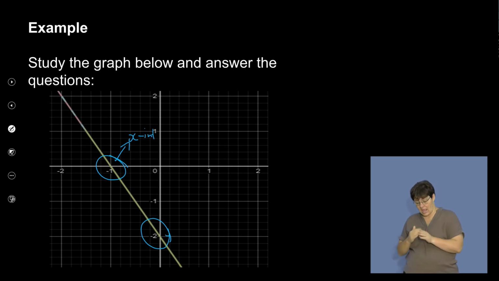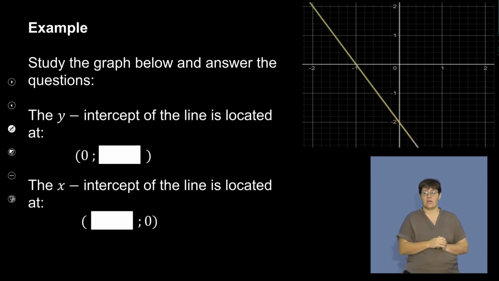Where it is crossing the y-axis, we call it the y-intercept, right? Now, the x value of the y-intercept is 0 at all times. This is a standard thing, right? Because when it crosses the y-axis, the x value on the y-axis is 0.